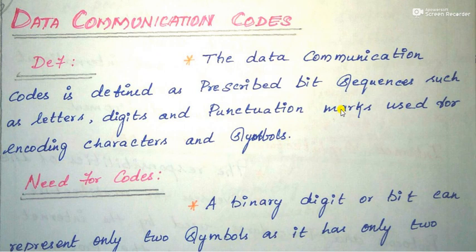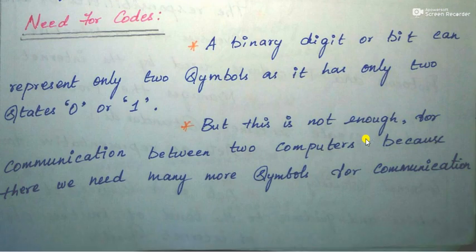Next, why are codes needed in data communication? A binary digit can represent only two symbols, either a 0 state or a 1. But this is not enough for communication between two computers, because there we need many more symbols.